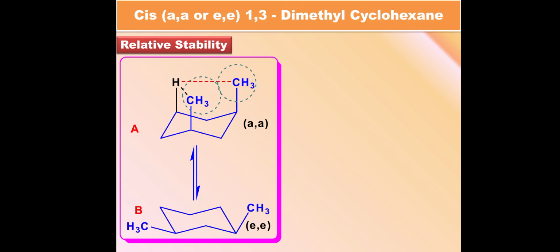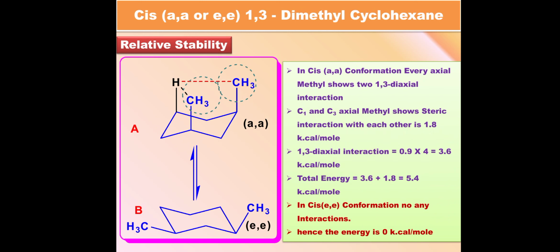If you look at the cis axial or equatorial 1,3-dimethyl cyclohexane, the carbon number 1 and carbon number 3 methyls are placed at axial positions in the diaxial form. Every axial methyl has two 1,3 diaxial interactions. So there are a total of 4 1,3 diaxial interactions.